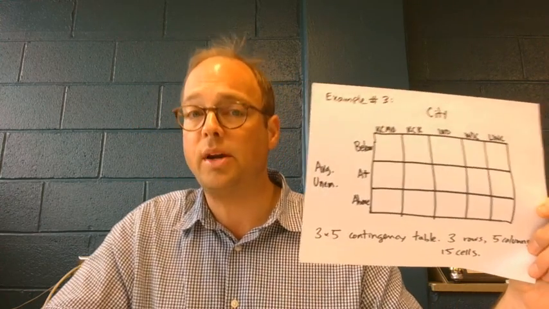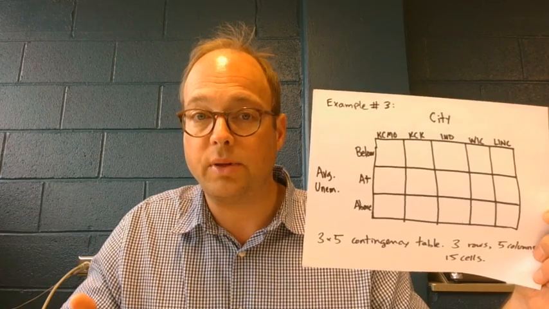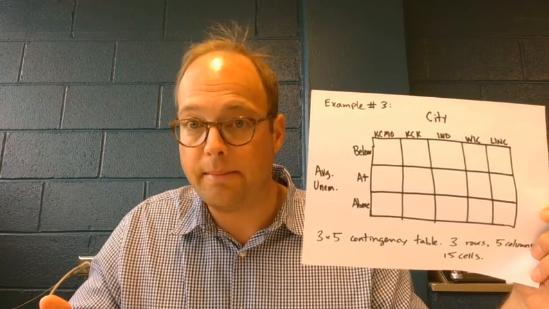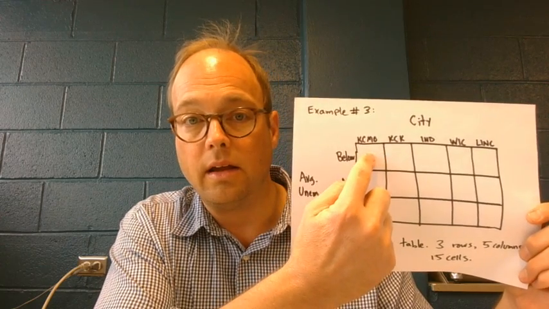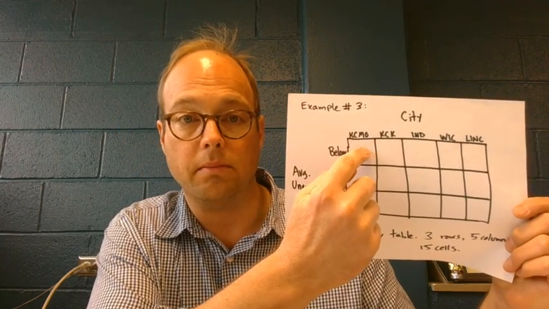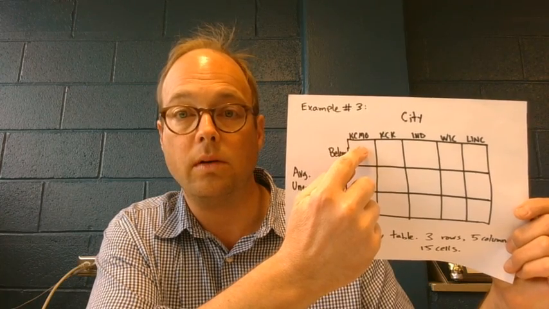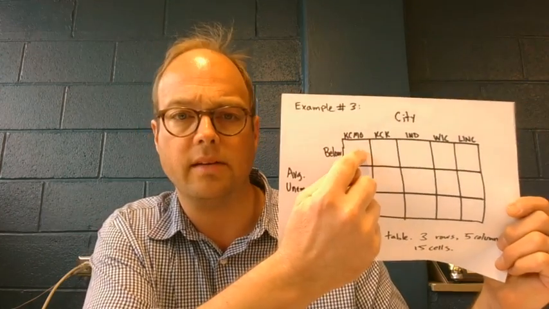And it's probably pretty apparent, but I'll point out a couple. Each cell represents a combination of categories for the 2 variables. This cell would be KC-Mo, citizens below the poverty line. Below the unemployment rate.